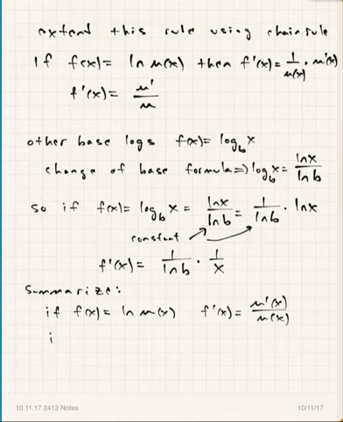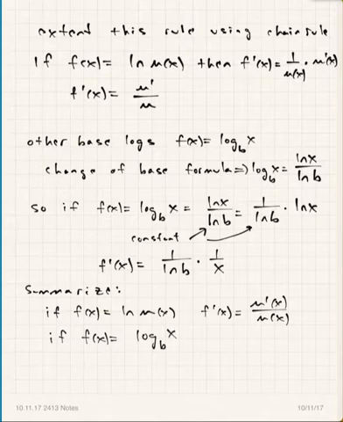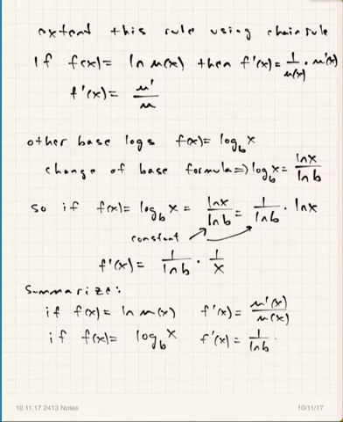And if you look at a more general logarithm, f of x equals logarithm base b of x, some general base, then f prime of x is going to have this extra factor in here, 1 over the natural log of b times u prime over u. So it just has that extra factor in there is all you're getting.